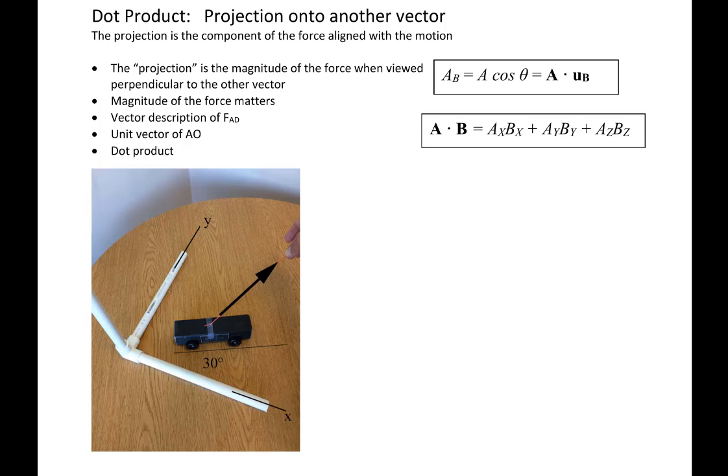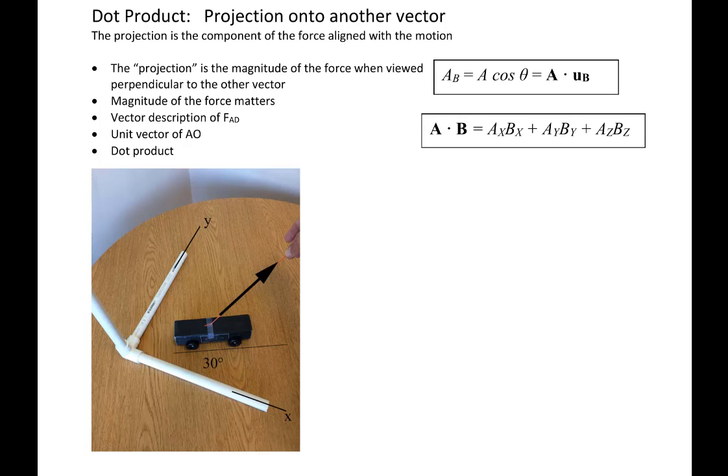Or if you pulled perpendicular to that 30 degrees in the horizontal direction, it probably wouldn't move. However, if you had any component of the force going along the line of motion, then it would probably move along that line. So let's find out what that magnitude of the force on that line might be.